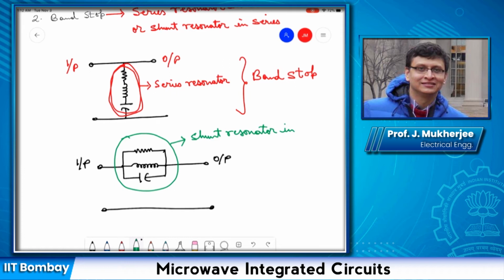It is a shunt resonator, but it is connected in series. Hence, this is also a band stop.